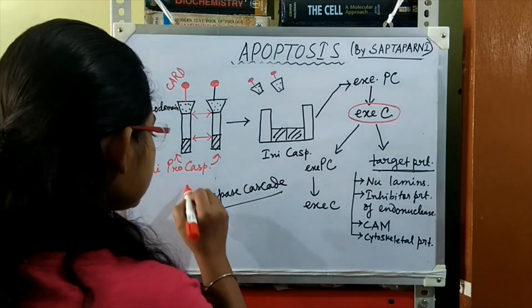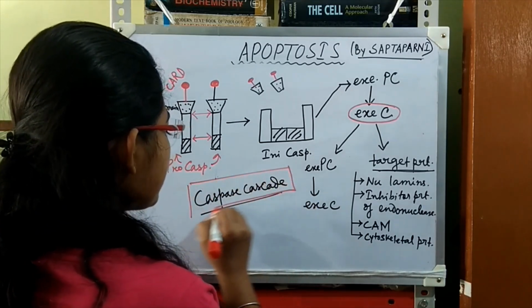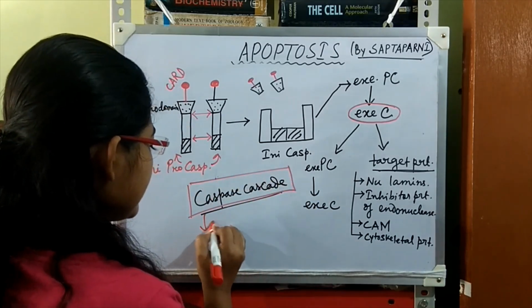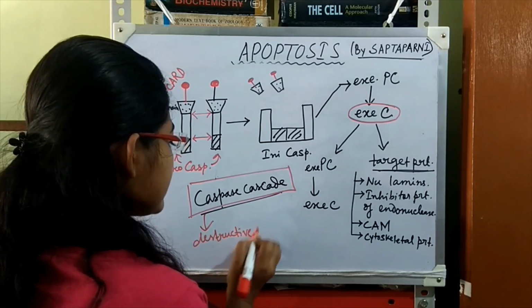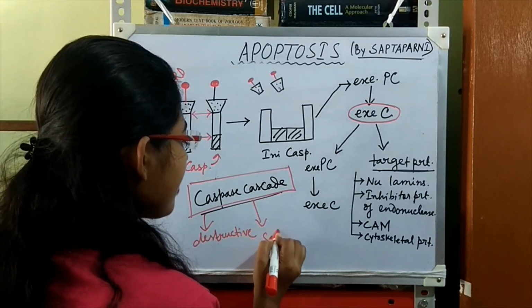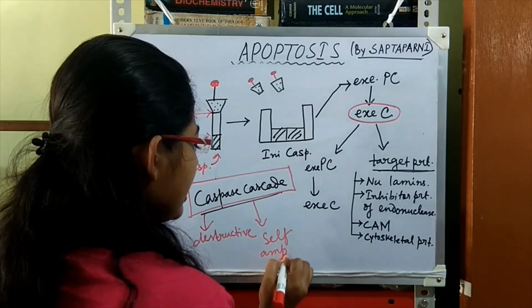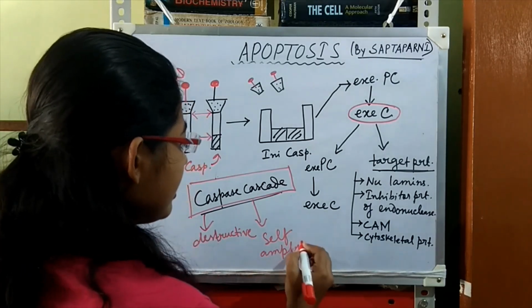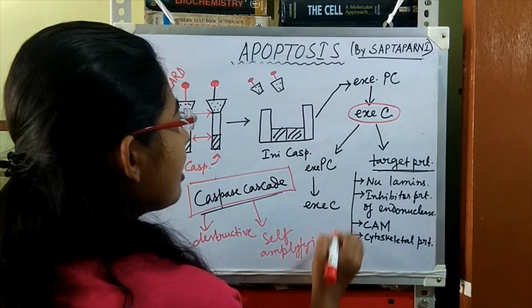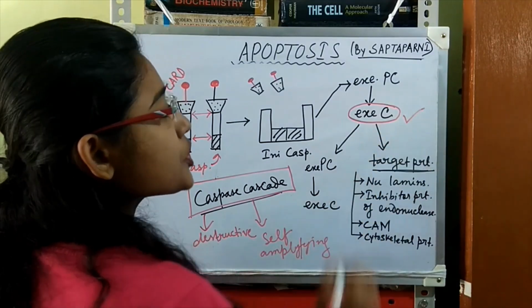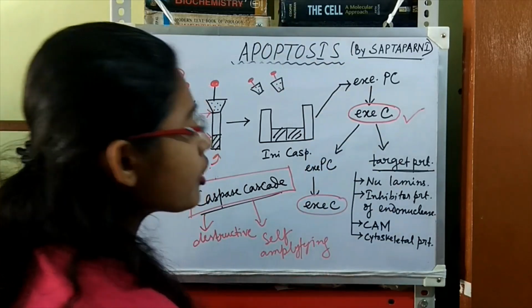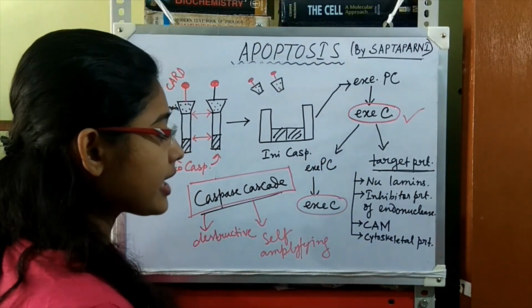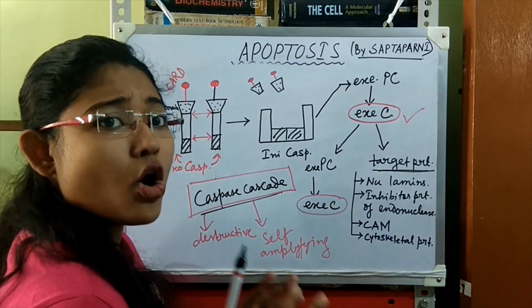From this it is evident that the caspase cascade is obviously destructive. Second, it is self-amplifying, because whenever an executioner caspase is activated, it can activate a chain of executioner caspases and spread the death signal all over the cell.